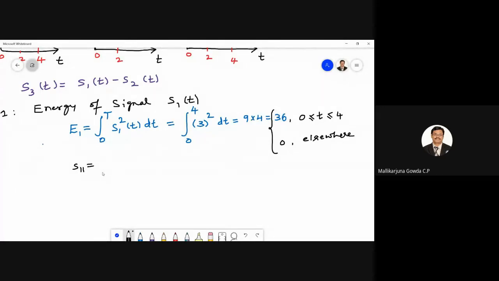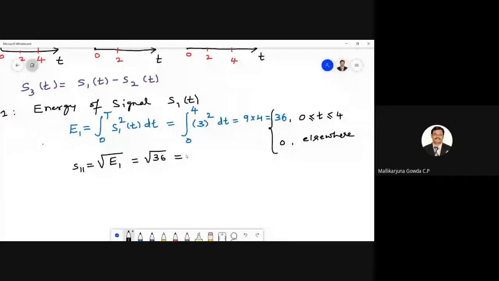S11 will be equal to the square root of E1. So can you at least tell me what is the square root of 36? What is the square root of 36?